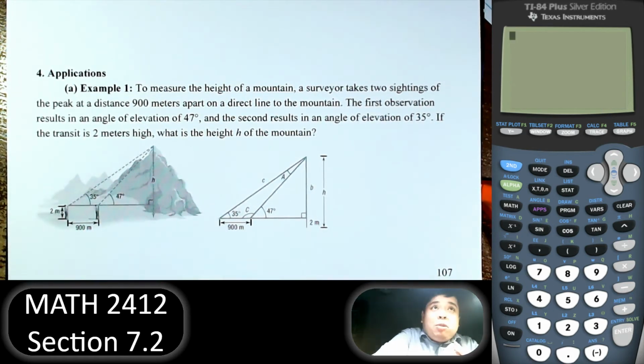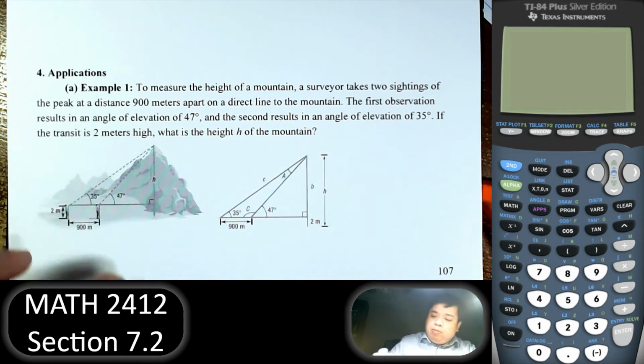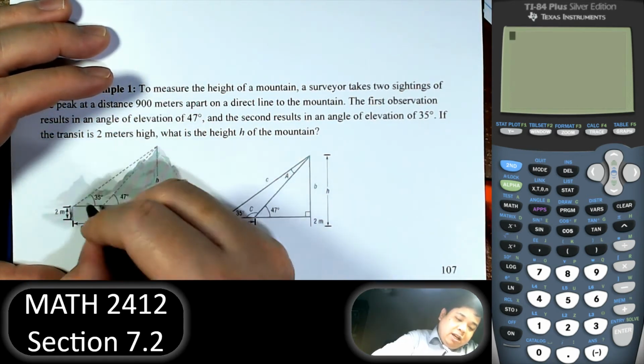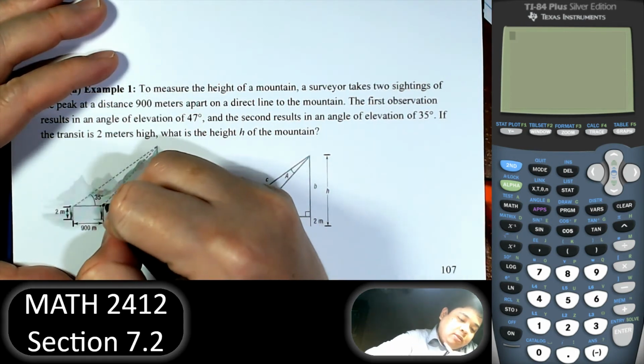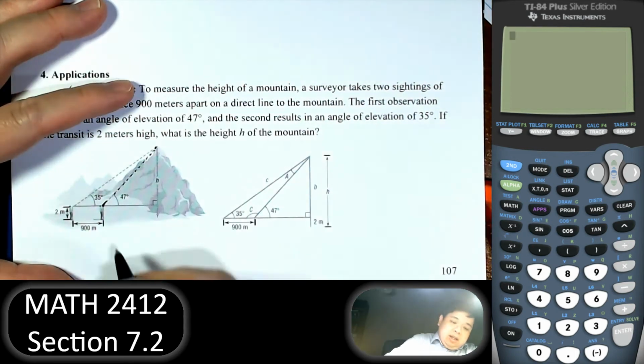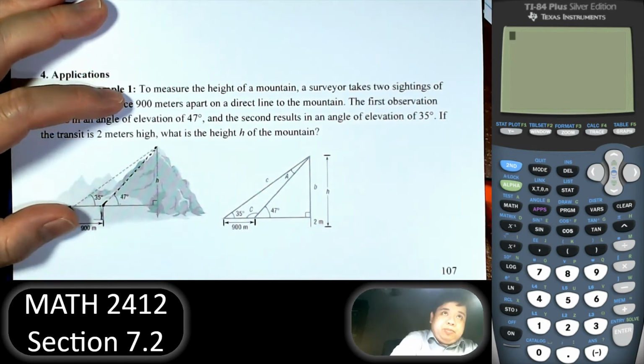Right, so I have this application problem. To measure the height of the mountain, a surveyor takes 2 sightings of the peak at a distance 900 meters apart. So at first, he stands here and looks to the peak of the mountain, and the angle is 47 degrees.